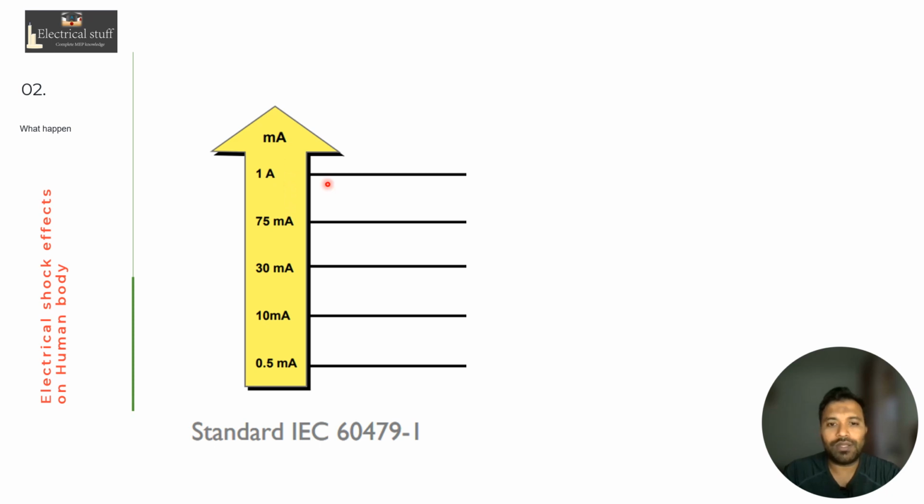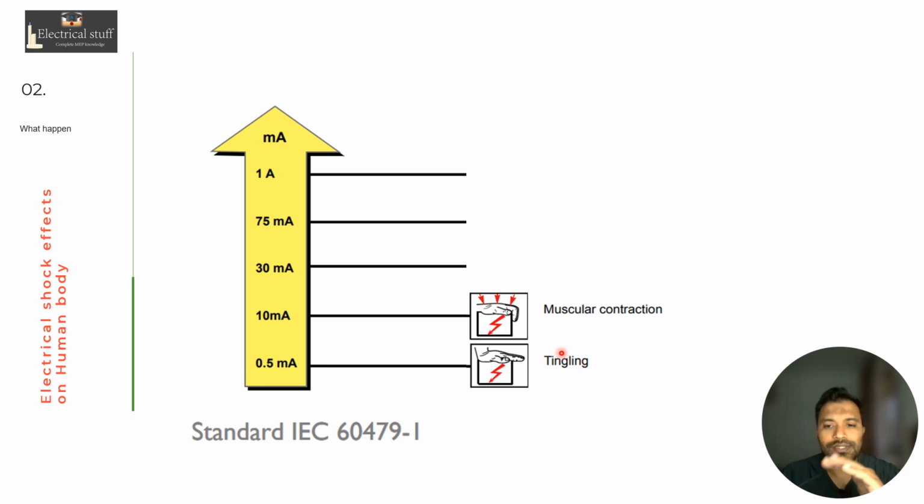So what happens? Now we will see here. If 0.5 milliampere current is passing, you feel a little sensation on your hands. If 10 milliampere is passing, your muscles contract. If 30 milliampere is passing, there is a breathing arrest.